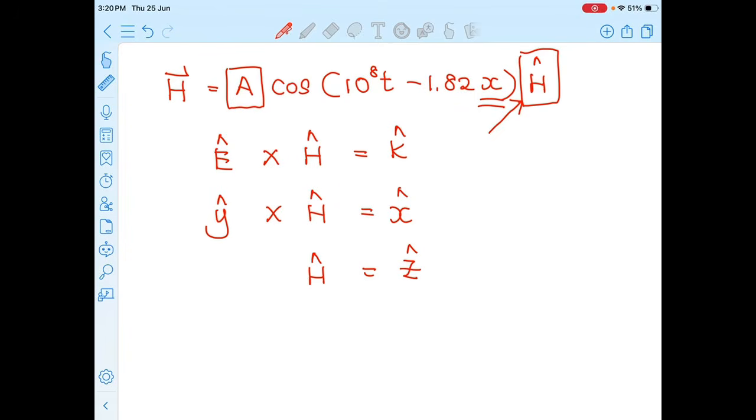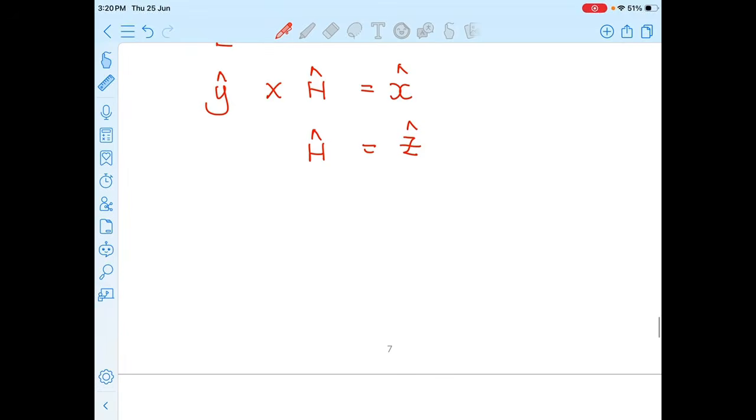Regarding the amplitude, the amplitude of the electric field divided by the amplitude of the magnetic field will be equal to eta. What is eta? Eta is the intrinsic impedance. We have no idea what this intrinsic impedance is, but we can calculate it by using these formulas. This is the intrinsic impedance for a lossless medium.